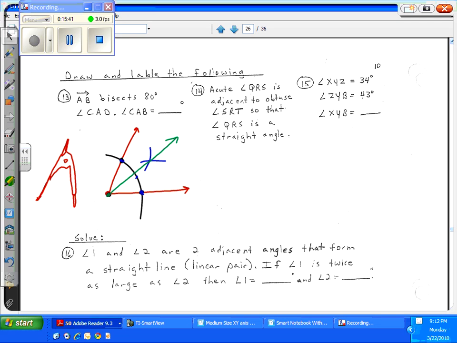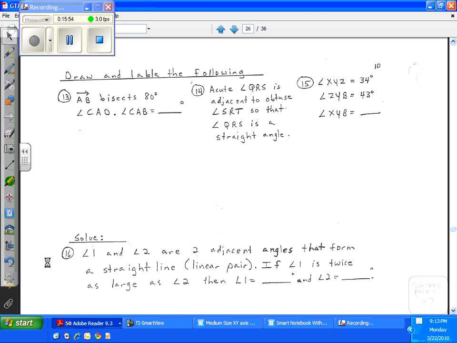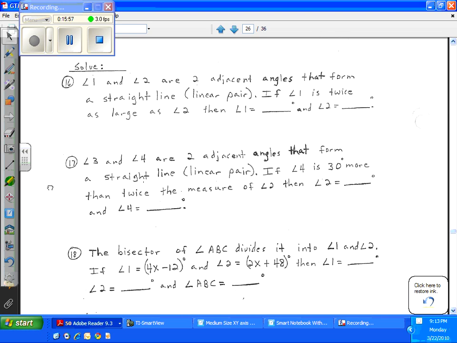So we could have drawn our 80-degree angle with our protractor, and then we could have taken our compass and done that arc work to bisect that angle, okay? All right.